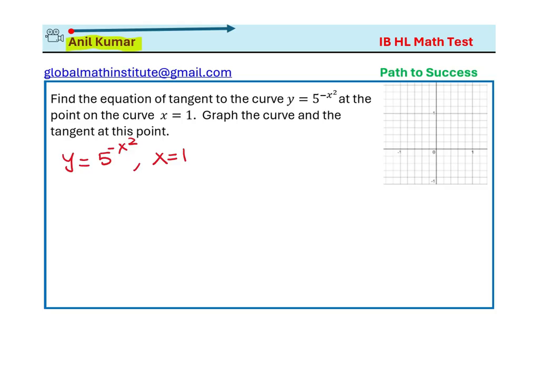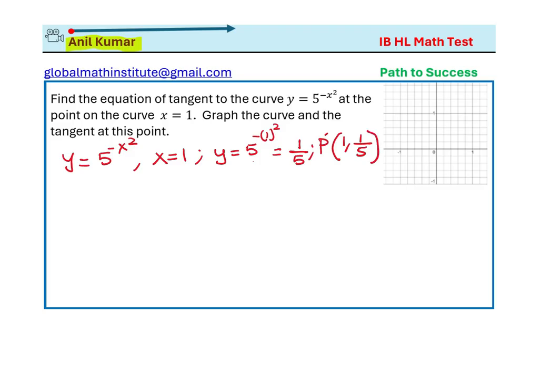Let us find the value of y at that point first. When you put x equals 1, y equals 5 to the power of minus 1 squared, which is 5 to the power of minus 1, or 1 over 5. Therefore, we get the point, let's call it P, which is (1, 1/5). Perfect.